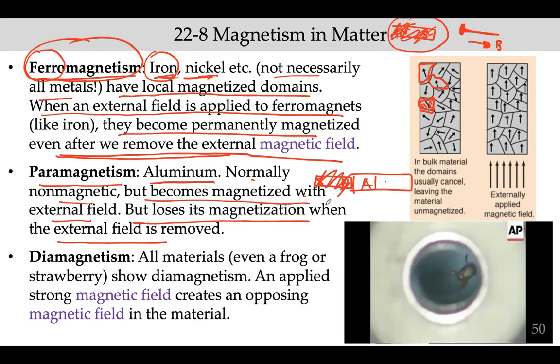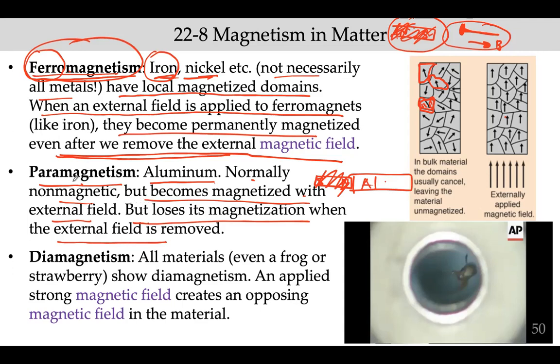It loses its magnetization. So the difference between ferromagnetism and paramagnetism is that once you magnetize the iron, it stays magnetized even if you remove the bar magnet. That's ferromagnetism.